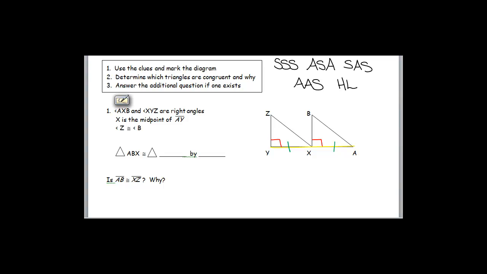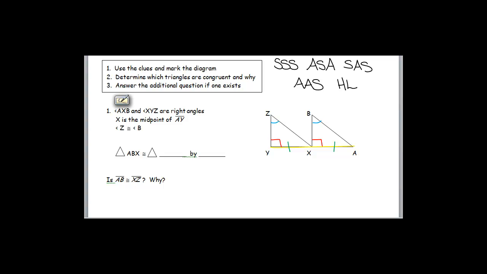Then our third clue says that we need angle Z right here to be congruent to angle B. So all 3 of our clues have been properly marked into our picture. Now we can determine what triangles are congruent and why.